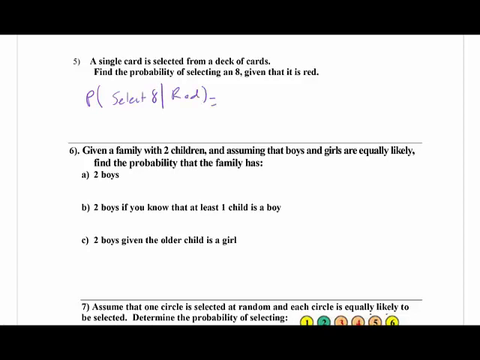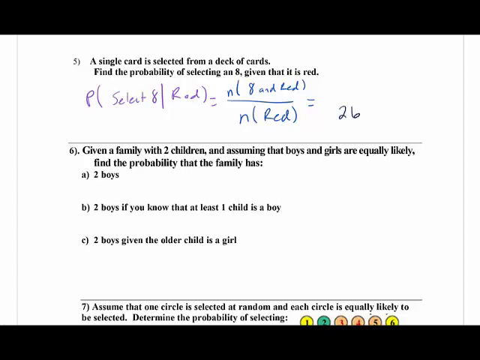If you need to write it out in words, this would be, again, you pick an 8 and it's red over the given portion, which is red. So notice we have restricted because we've said it has to be a red card. Originally, if I was just saying probably selecting an 8, we would have 52 cards. But now I'm going with it has to be red.